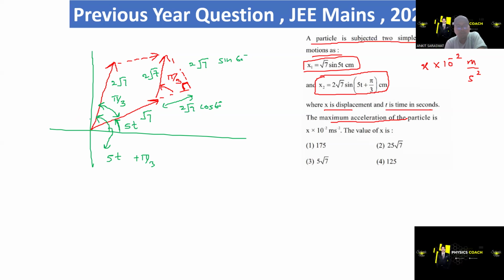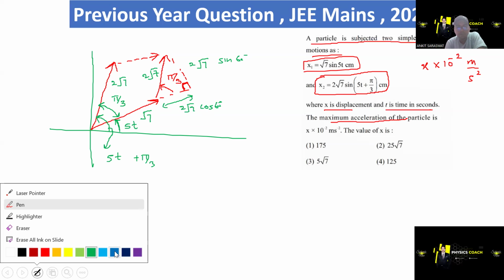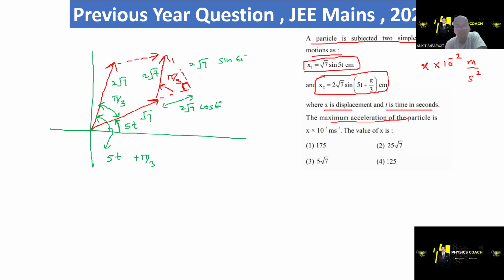So the resultant of these two SHM will be an SHM. The resultant will be given by the diagonal vector like this. This is the amplitude of the resultant SHM. See, x1, x2 are SHM equations, and the resultant of SHM is also SHM. Let us suppose its amplitude is A. So A will be under root A squared plus B squared plus 2AB cos theta.